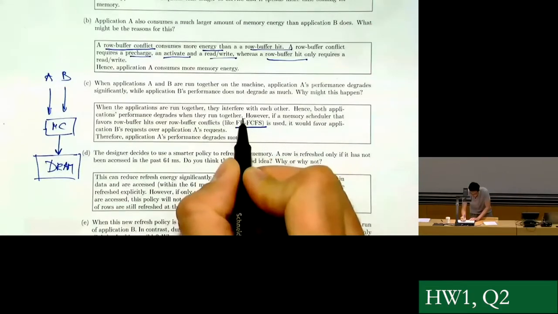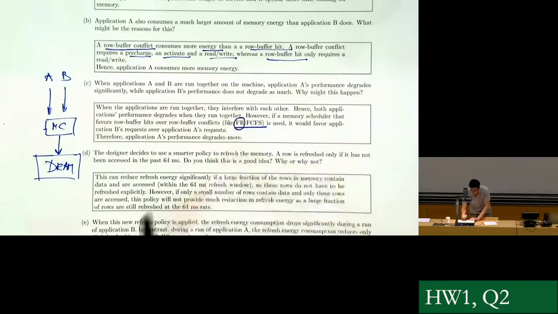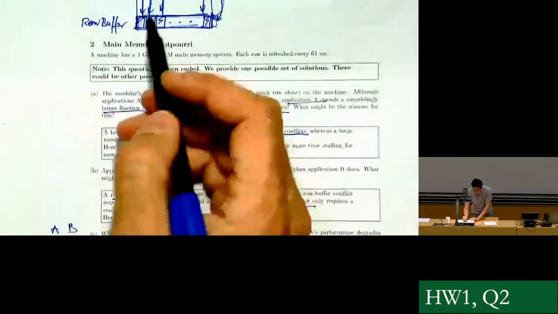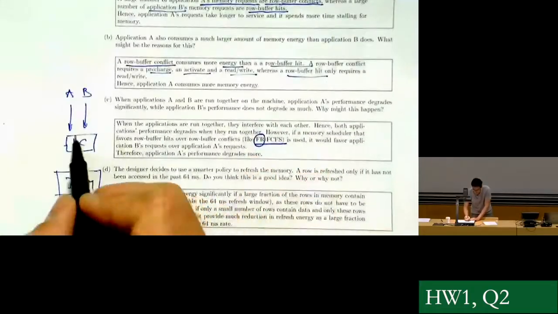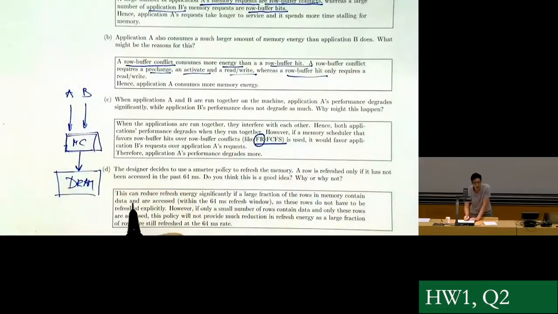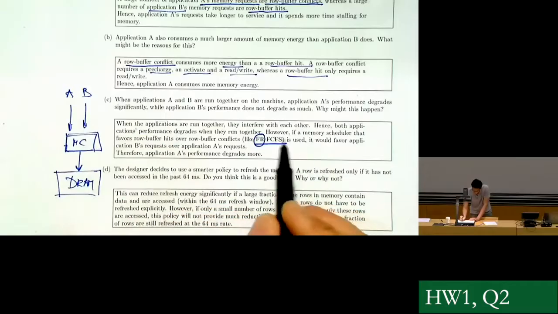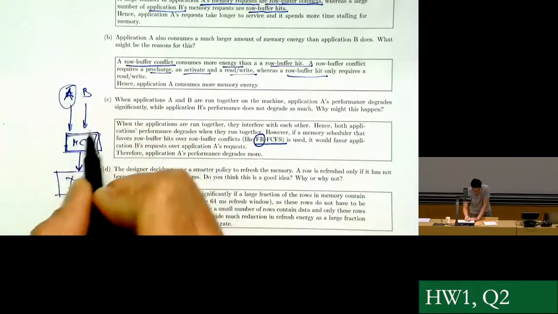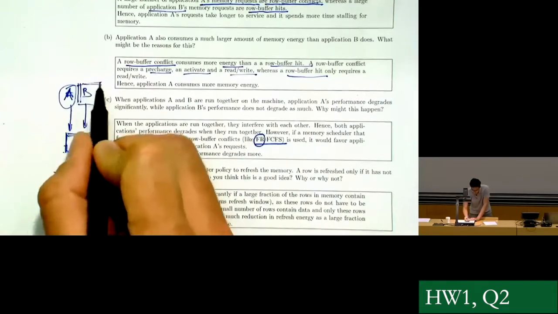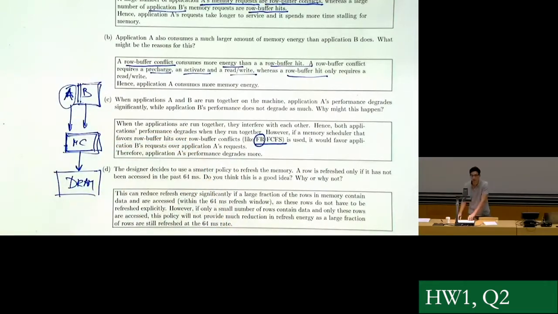That's why it is called first ready, because if the row is already in the row buffer, it's already open, the memory controller will prioritize those accesses, right? So A had many row conflicts, so the memory controller tends to prioritize memory requests from application B.